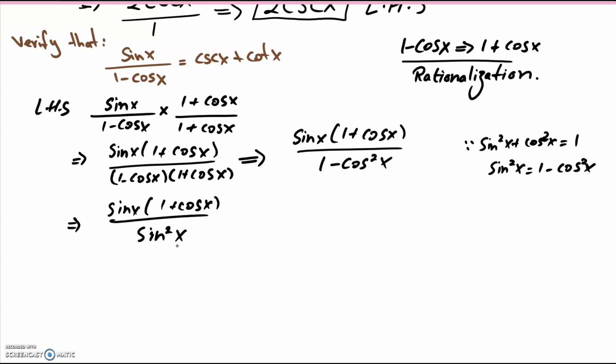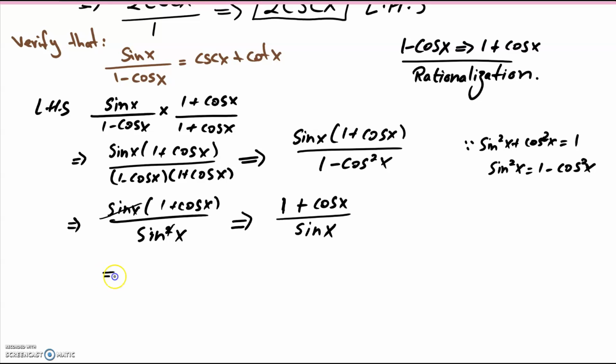Now let's simplify it. This squared will cancel out with this sine x, and you will be left with 1 plus cos x over sine x. Now let's split this fraction.